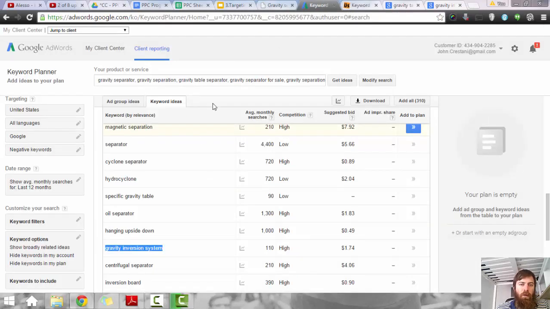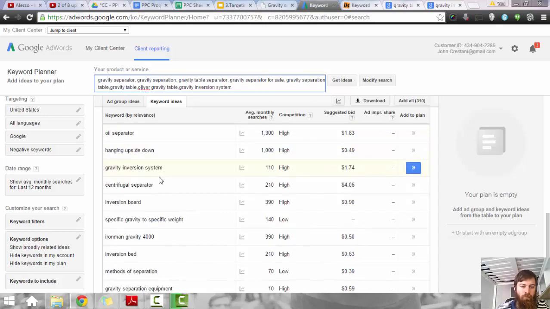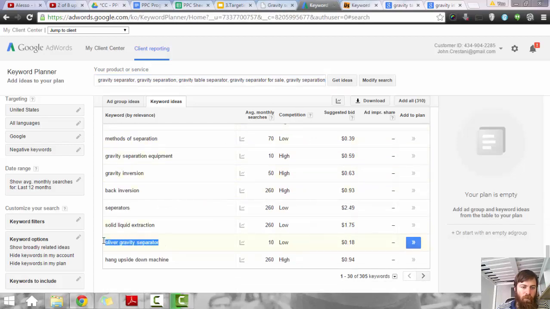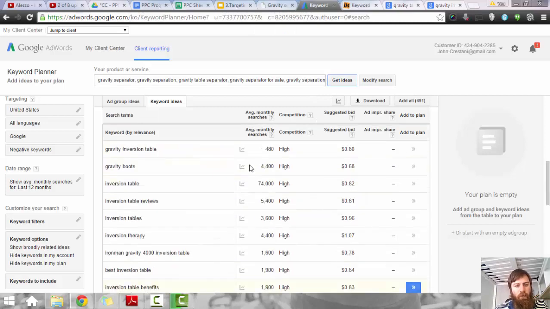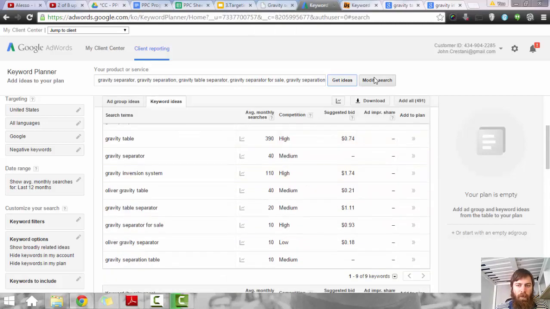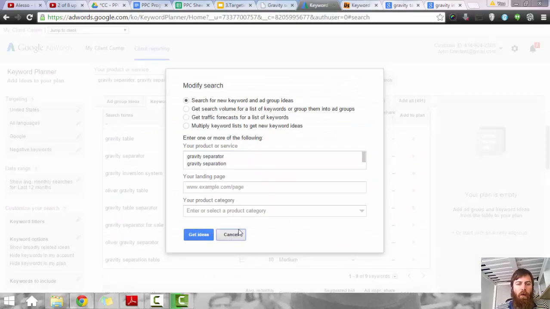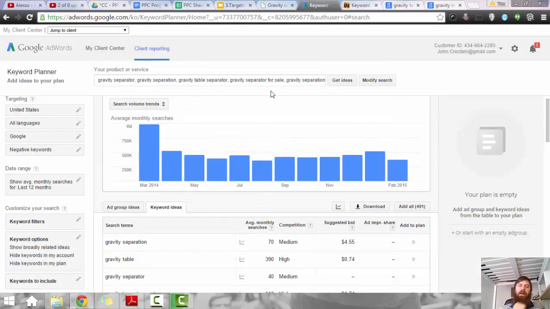Okay. Oliver gravity separator. I think we already. So I think this should, yeah, see, there are no search terms here along the lines of between 2 to 10,000, but this is because we're working in business to business.